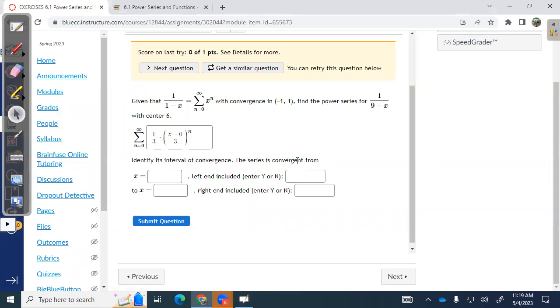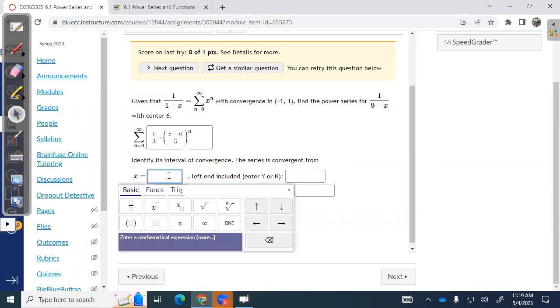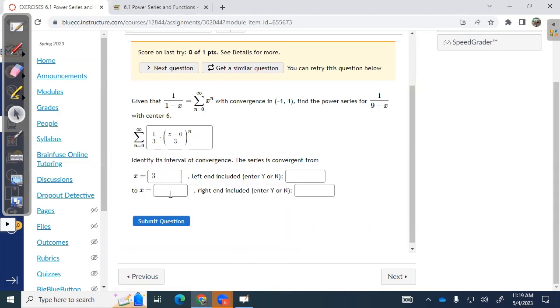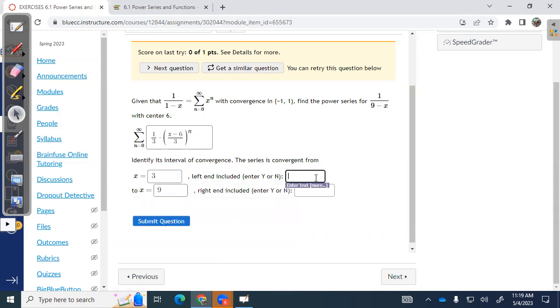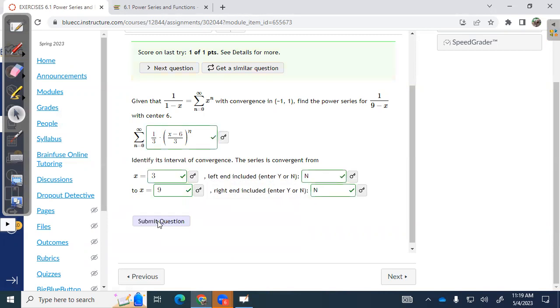And the series is convergent from, let's see, low was 3 and the high was 9 for mine. And is the left endpoint included? The answer is N for no. Is the right endpoint included? The answer is N for no. And it varies from series to series. That was a tricky one.